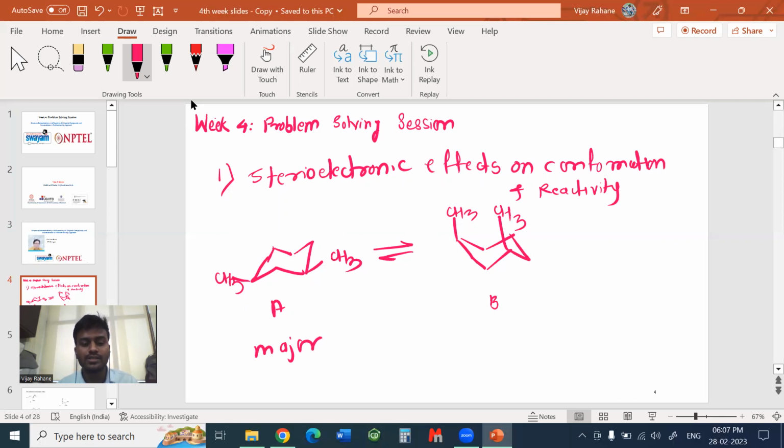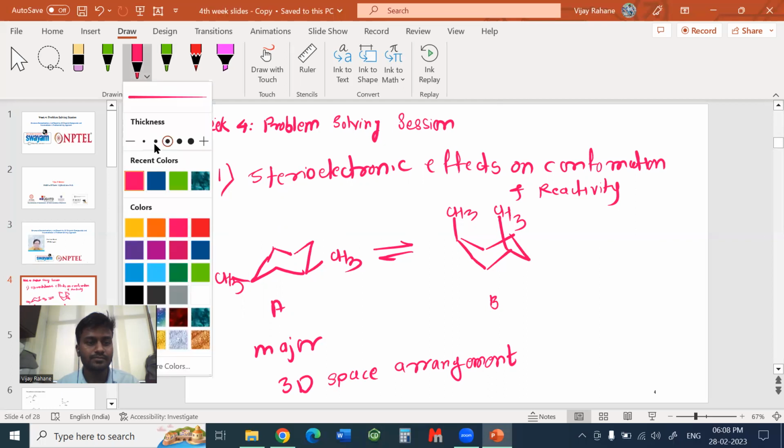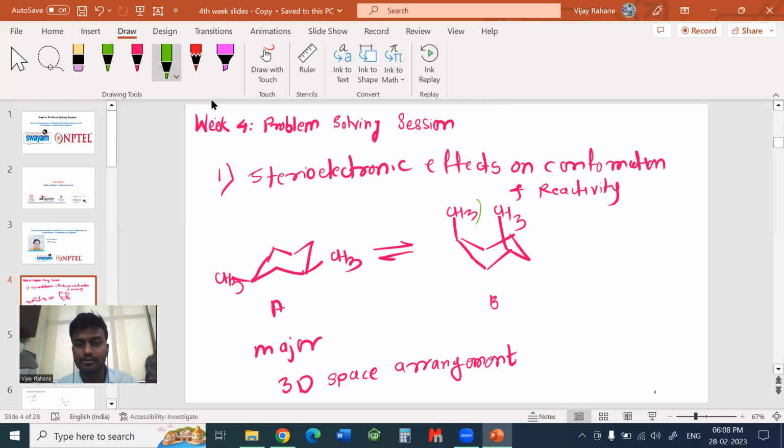This is because of the 3D space arrangement. Here there will be a steric repulsion between these two bulky groups present at axial positions. So the major conformation is A and this one is the minor one. So this effect is a steric effect.